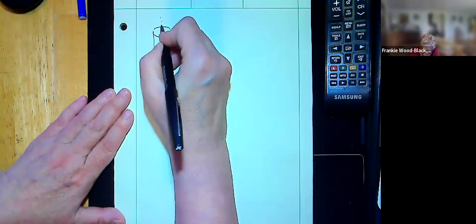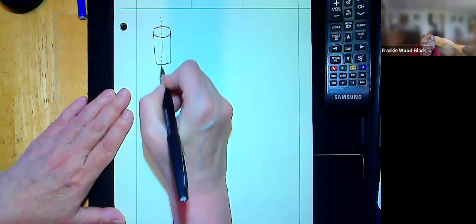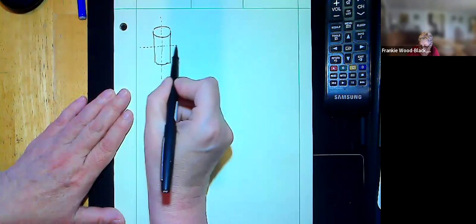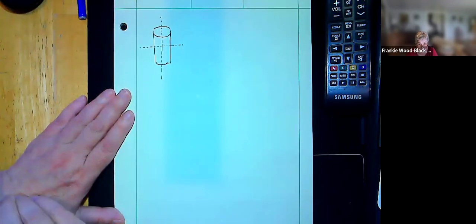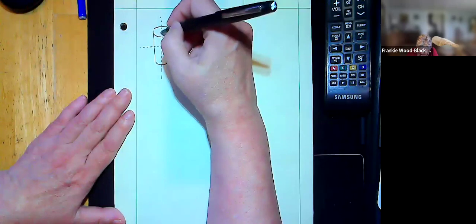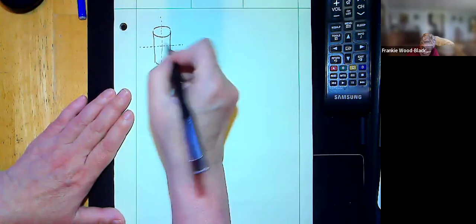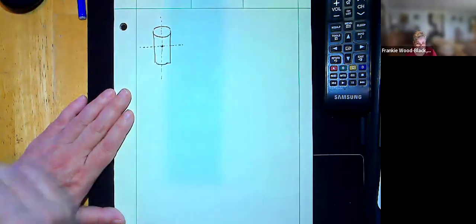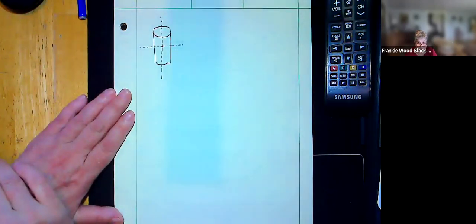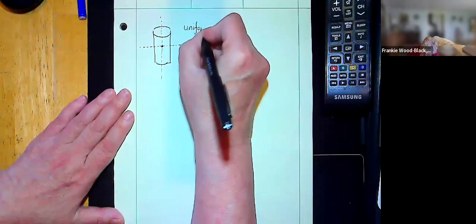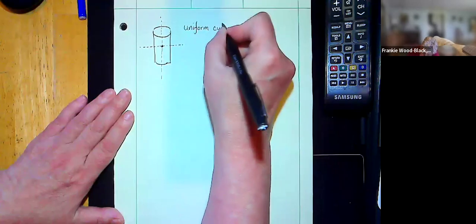We have pretty good experience on where the center of mass is because we can use symmetry to get us there. And we can actually look it up. So we know it's going to be on this axis in the middle. We know it's going to be about halfway up. And we can guess where the center of mass is going to be if this is a uniform cylinder.